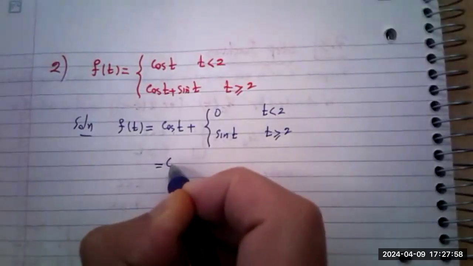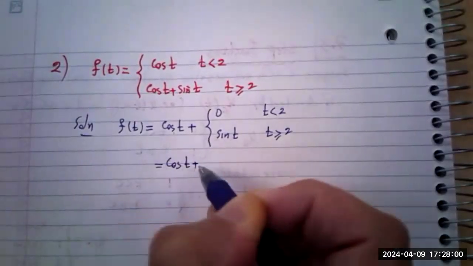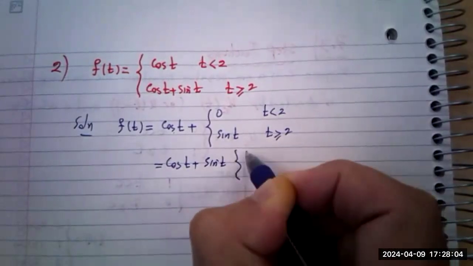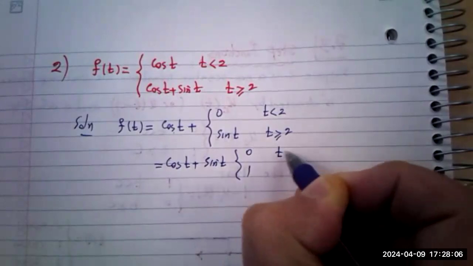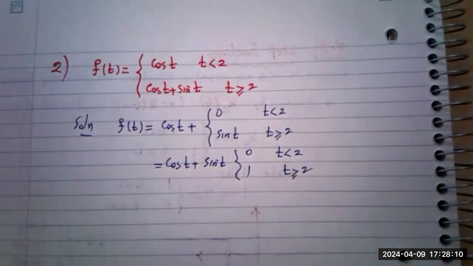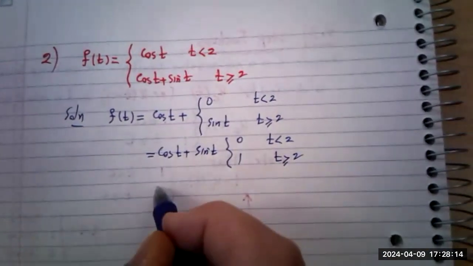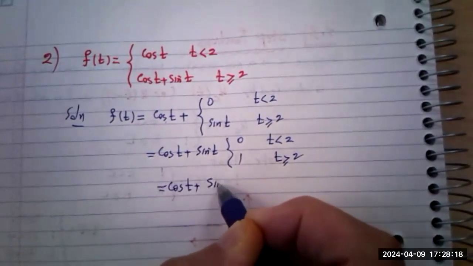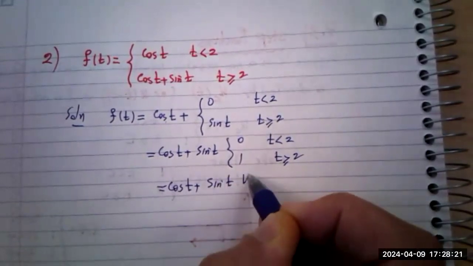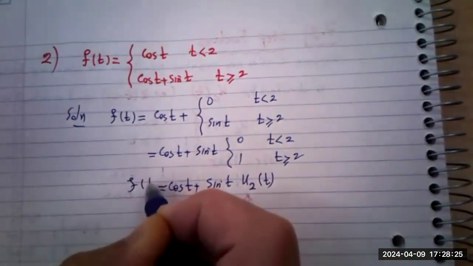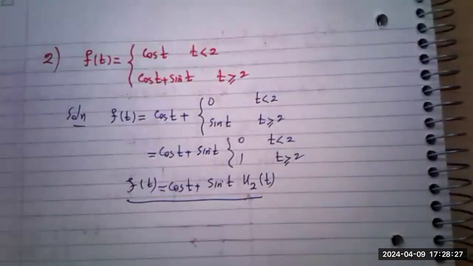So this is equal to cosine t plus sine t, which gives you the 0, 1 that you are looking for. That's it. This is the unit step function at the base 2. So the result is cosine t plus sine t times u2t. That will give you f of t.